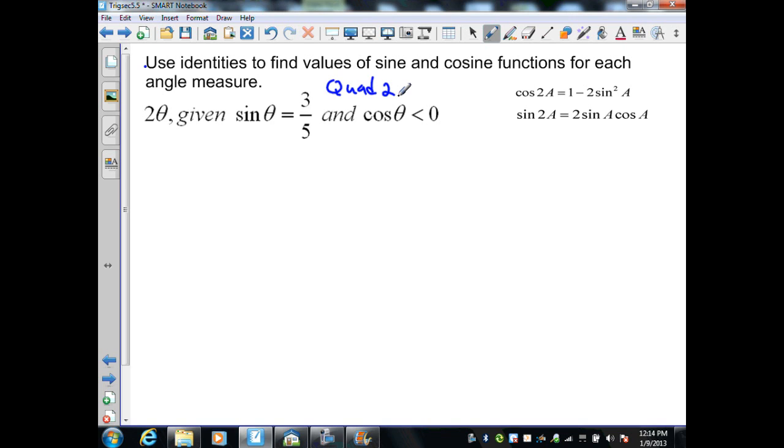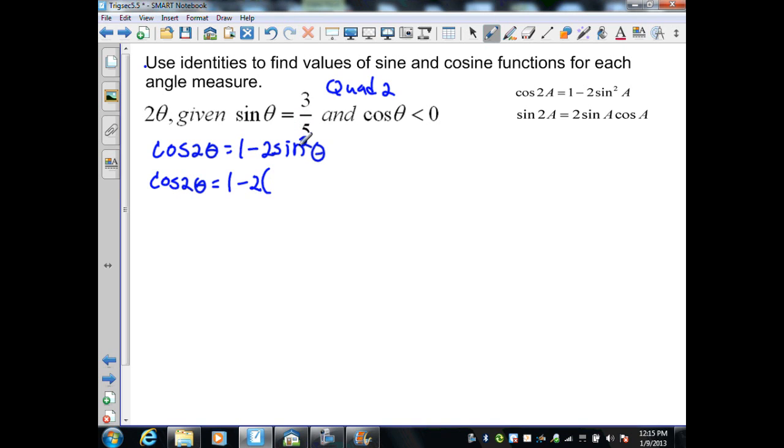I can find cosine 2 theta quickly by using the double angle identity, because I'm already given the sine of a. So I can use the double angle identity of cosine 2a, or 2 theta, equals 1 minus 2 sine squared theta. Then substitute my known values. Cosine 2 theta equals 1 minus 2, and sine is 3/5.